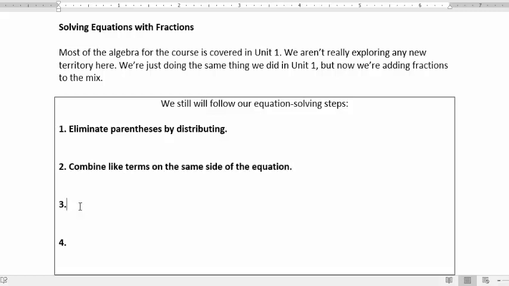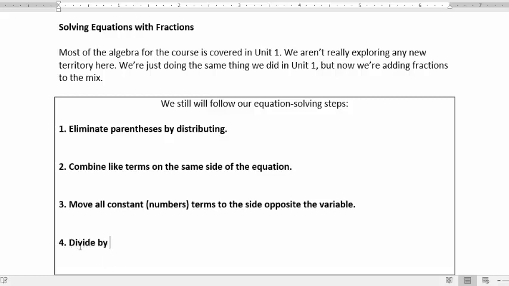Then once each side was as simple as possible, we'd want to move all constant terms, which are basically numbers, right, to the side that's opposite the variable. And then once we had all the constants on the side opposite the variable, we would just, as our last step, divide by the coefficient of the variable.